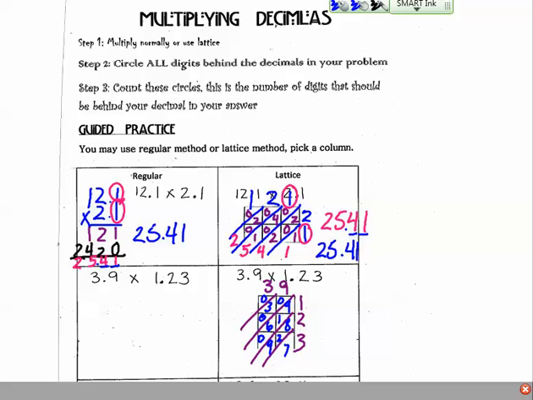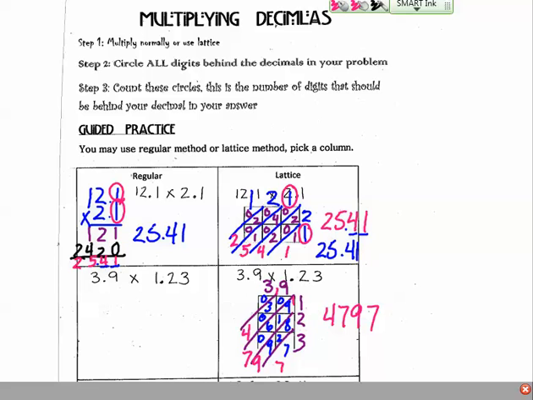So now we're just going to go ahead and add up our diagonals. I get a 7 here. 8 plus 2 is 10. 10 plus 9 is 19. Carry the 1. 9 plus 1 is 10. Plus 1 is 11. Plus 6 is 17. Carry the 1. 3 plus 1 is 4. So I get 4, 7, 9, 7.